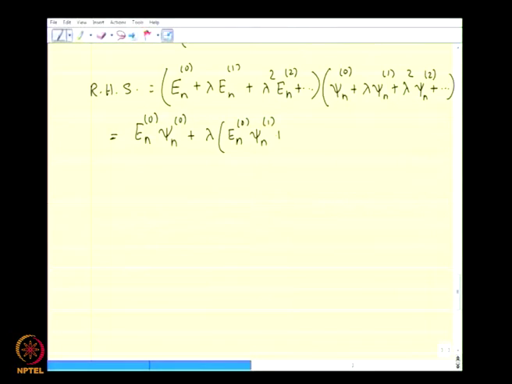En0 psi n1 plus En1 times psi n0 plus, let me write that here, plus lambda square. If you look at lambda square, there are three terms. There is an En0 times psi n2, En1 psi n1, En2 psi n0. There are three terms.